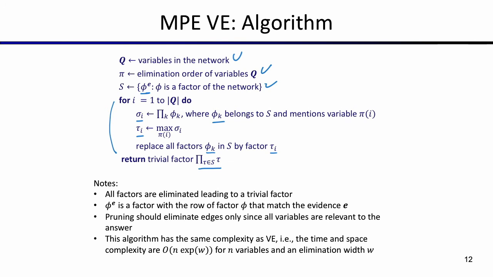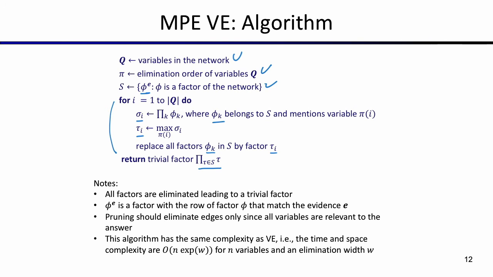So we have a few notes here. All factors are eliminated, leading to a trivial factor. That is different from what we are used to with the variable elimination we learned in the variable elimination lecture, right? There we are used to eliminating only the hidden variables and keeping all the query variables. Here we're going to eliminate all the query variables.